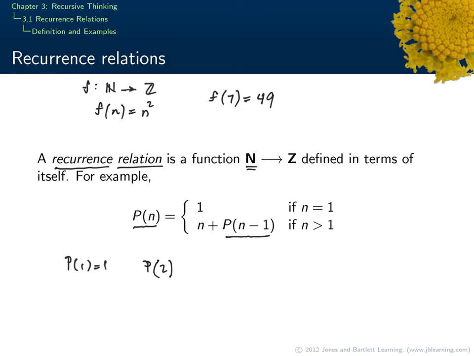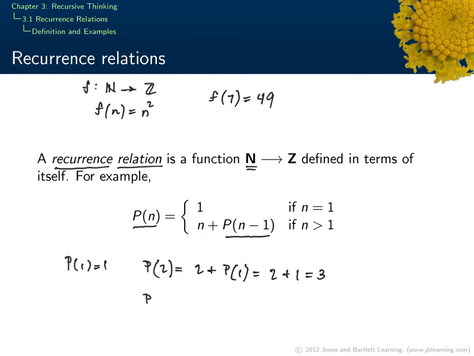P of 2, well, now we're in the bottom branch of the function. 2 is bigger than 1, so apparently p of 2 is going to be 2 plus p of 1. But we already know what p of 1 is. It's just 1. So p of 2 should be equal to 3.